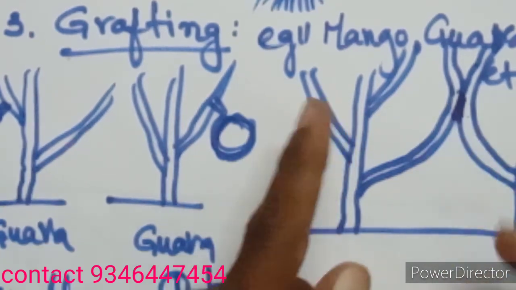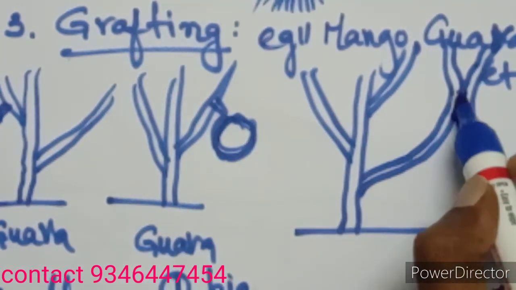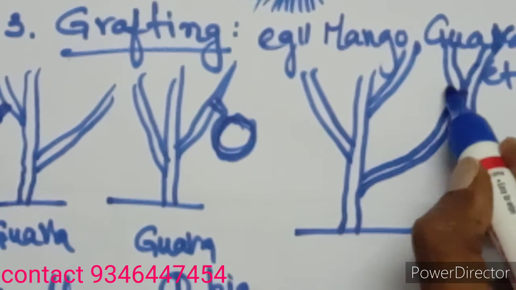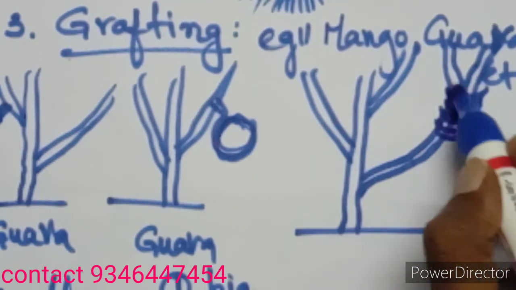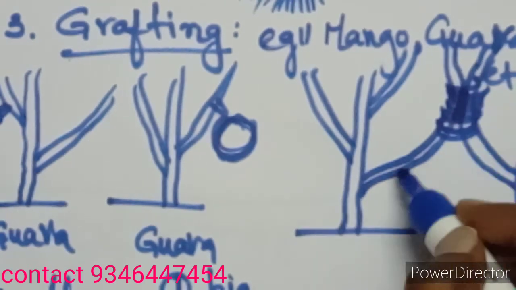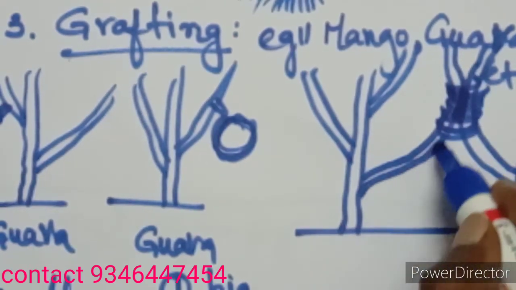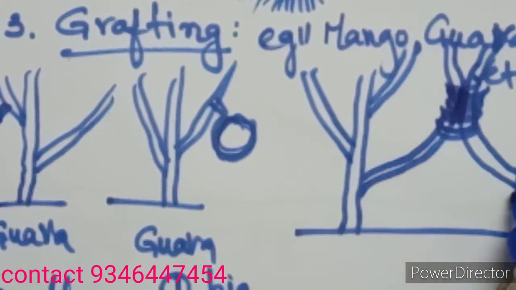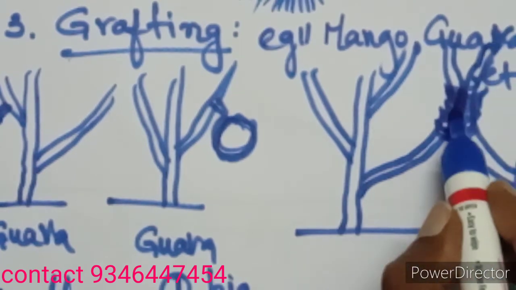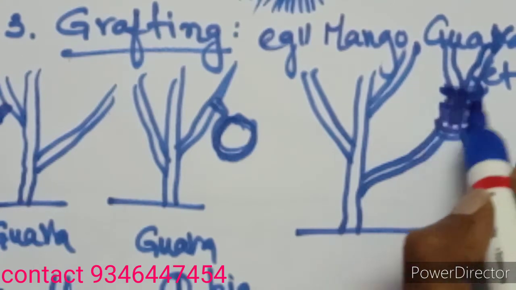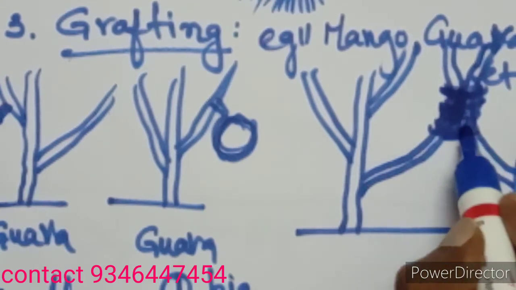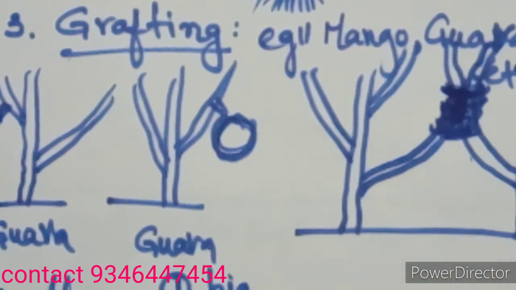The stems are brought near and made to contact. Now this part is tied tightly with a thread, and it is left.